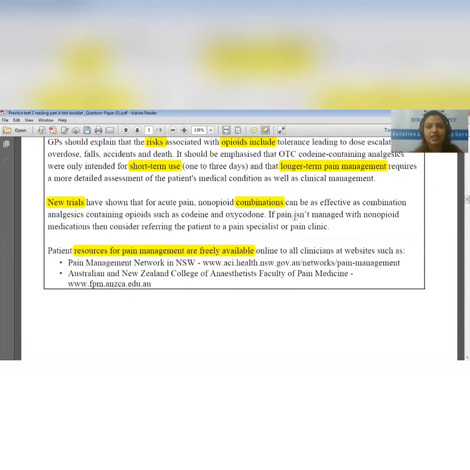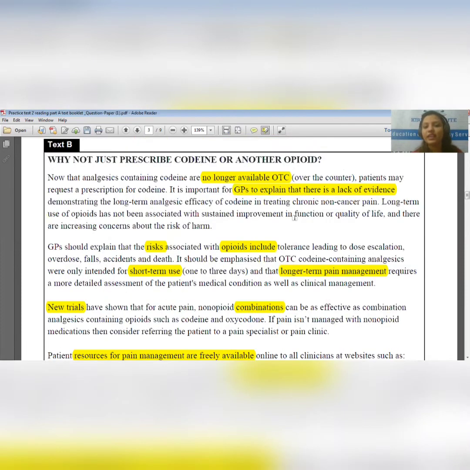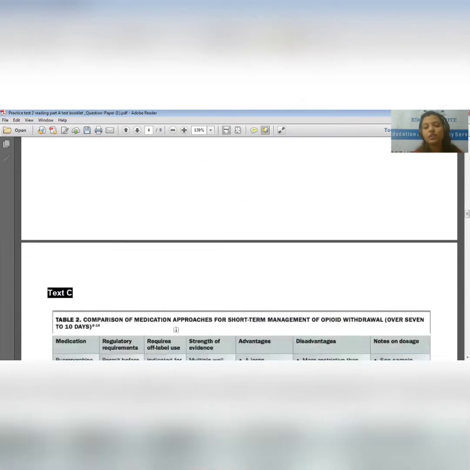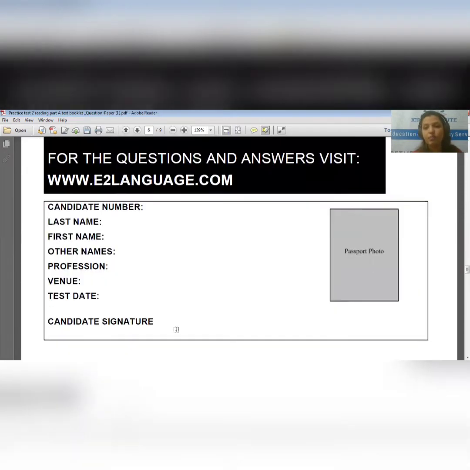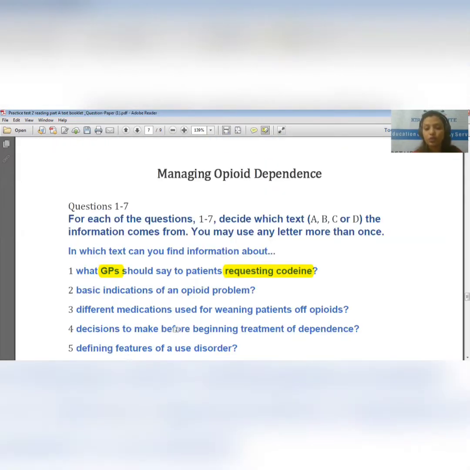GP we read only in text B. GP is to explain. So wherever you find the keywords, that text you write. So your answer will be only B. Make sure you are not going to answer the question that they have asked. You are not going to say what the GP should say to the patients. You are just going to write B as the answer.